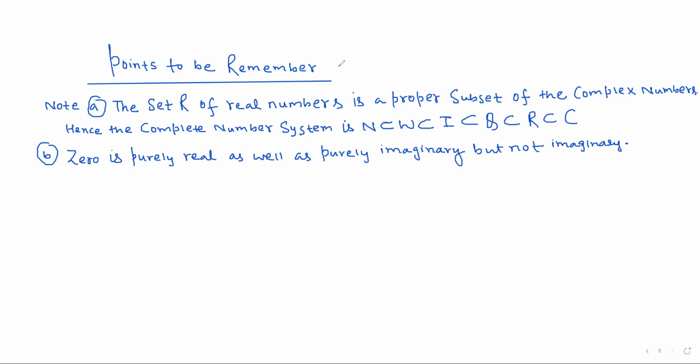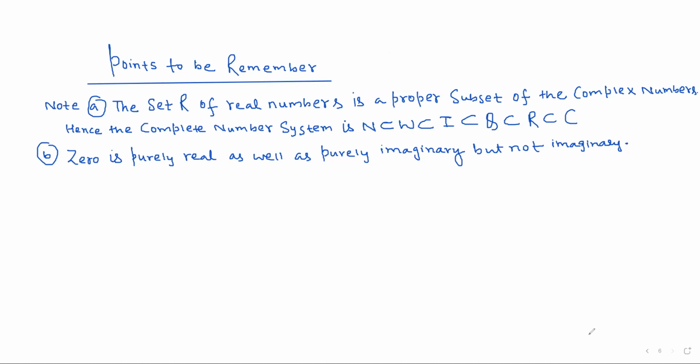That is a very important point, but I am just putting this statement in the topic called complex numbers. So 0 is purely real and purely imaginary, but not imaginary.